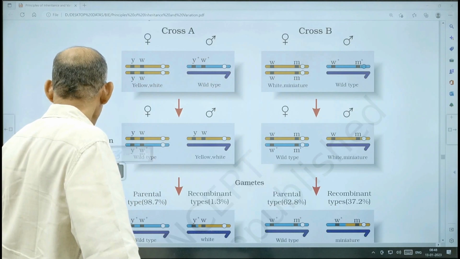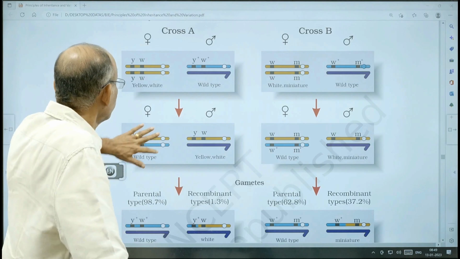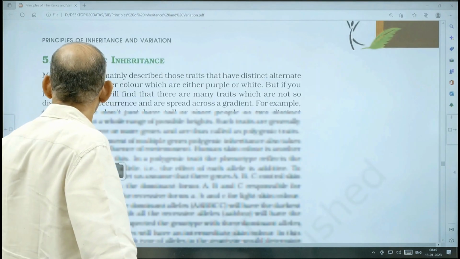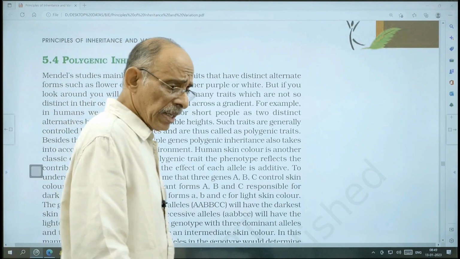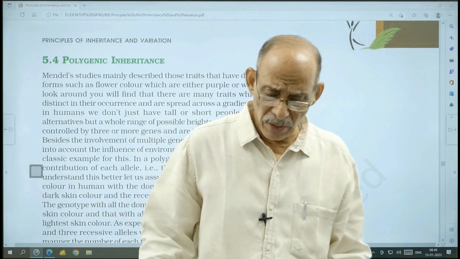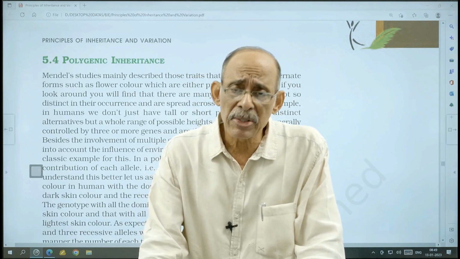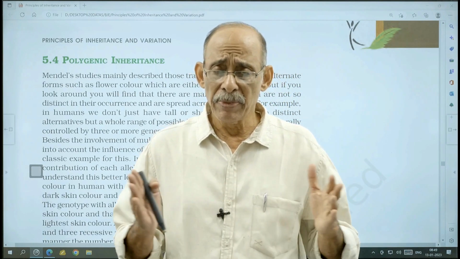After studying Morgan's cross, his student Sturtevant developed a technique known as gene mapping. The principle of gene mapping was that if the crossing over recombination percentage is great, then the distance between genes is great.